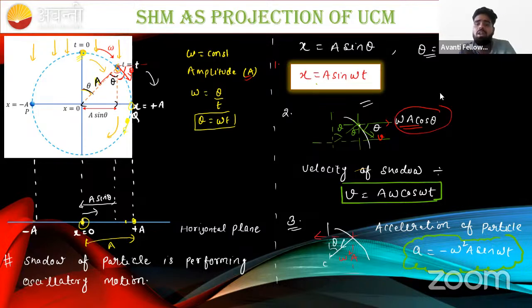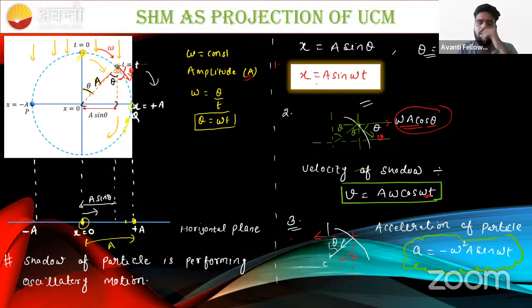Why are we interested in the horizontal direction? Because our particle is performing to and fro motion, so we are only interested in the velocity component in the horizontal direction. That is the velocity of the particle, omega A cos theta.